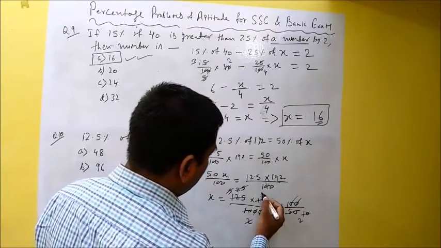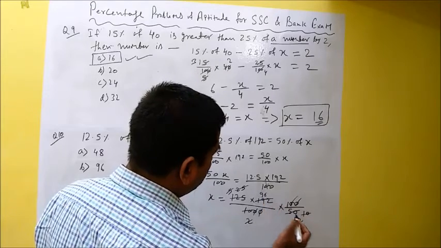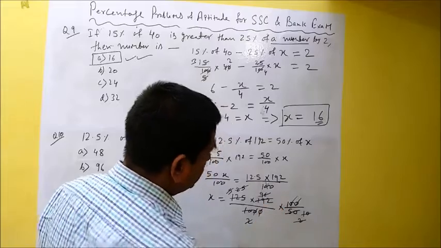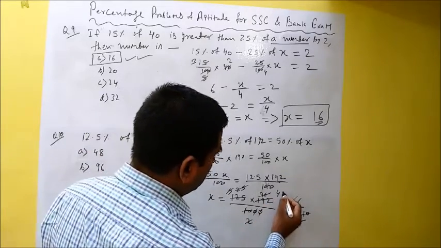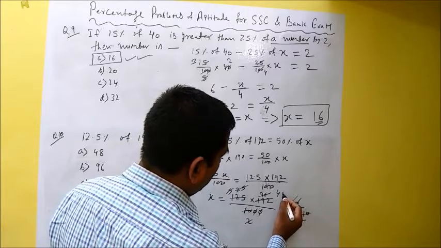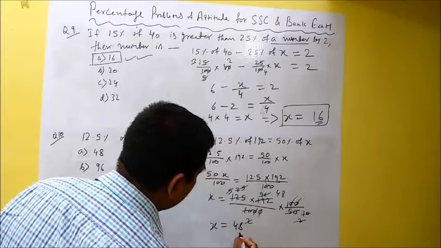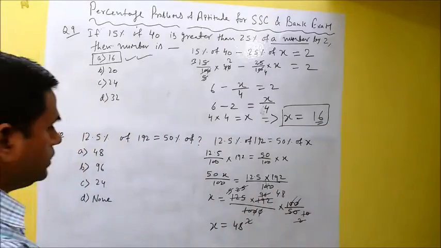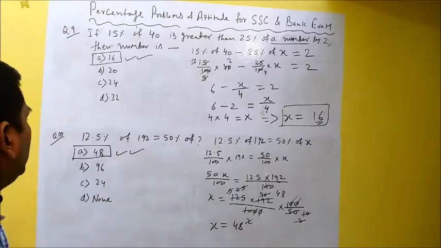So 9 twos are 18 and then 6, 96, and then this 2 also if you cancel, it becomes 4 twos are 8 and 8 twos are 16, so 48. X is equal to 48. Okay, upon calculation, you can see the first option, 48, is the answer for this 10th question.